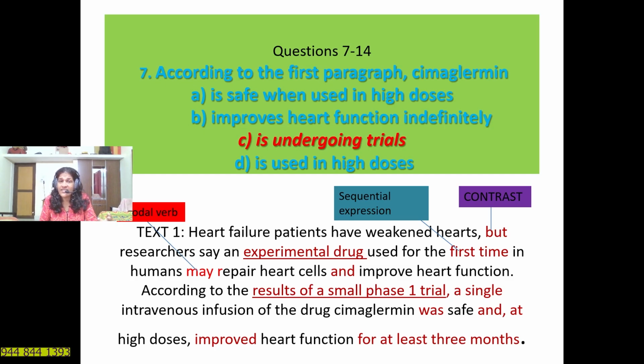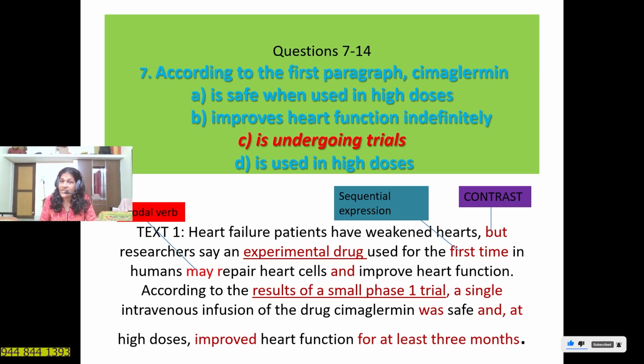Does it say that? They say here, according to the results of a small phase 1 trial, a single intravenous infusion of the drug simaglermen was safe and at high doses improved heart function for at least 3 months. So at high doses, they don't say that it is safe.